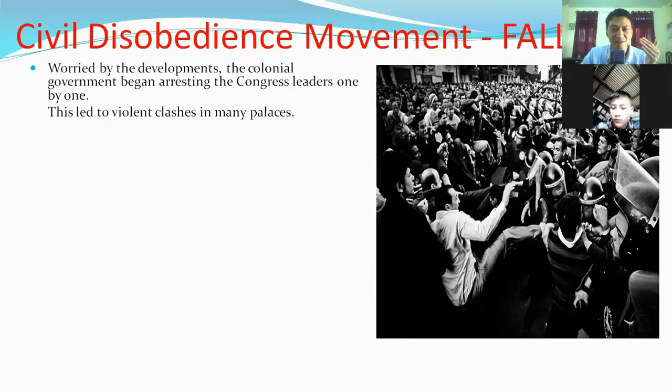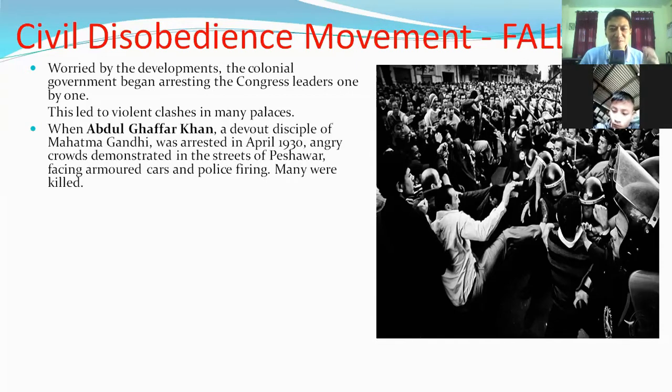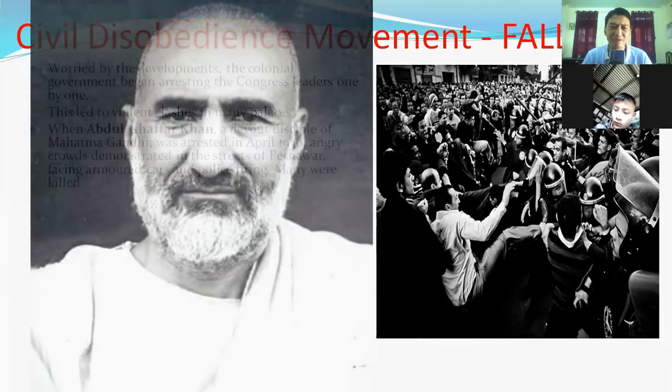But violence ultimately happened. There are so many examples, but I'll just give you one example of Abdul Ghaffar Khan or Khan Abdul Ghaffar Khan. He was a freedom fighter and a nationalist from Afghanistan. Now, he was also a follower or a disciple of Mahatma Gandhi.